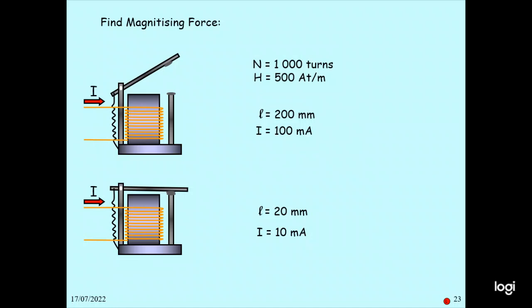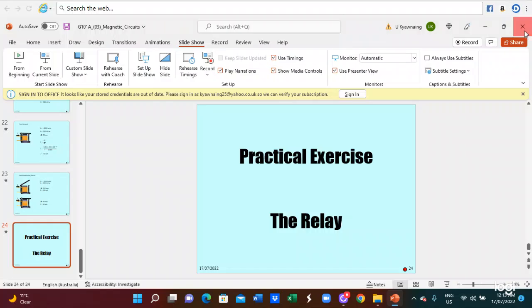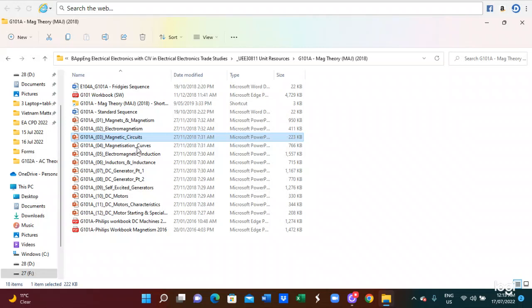We also have to find out the magnetizing force with this one. N equal to 1000 turns, H equal to 500 ampere turns per meter, L equal to 200 millimeter. We also use the magnetizing curve.